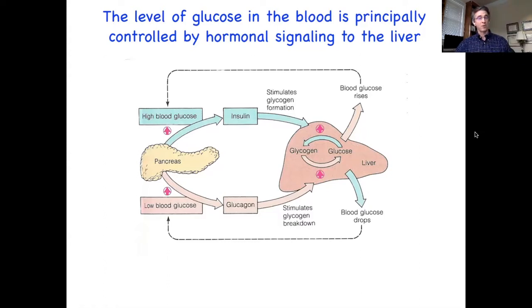Now, blood glucose levels get low, right? Maybe the system overshoots or you haven't eaten in a while. Under those circumstances, the pancreas senses the low blood glucose level, stops making insulin, and starts making glucagon. And glucagon has the opposite effect. Glucagon hits liver tissue. It stimulates the liver to take those glycogen stores, break them down, turn them into glucose, and export that glucose into the bloodstream for the peripheral tissues, right?